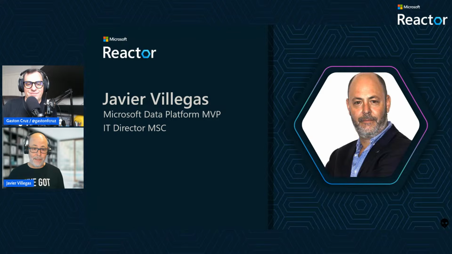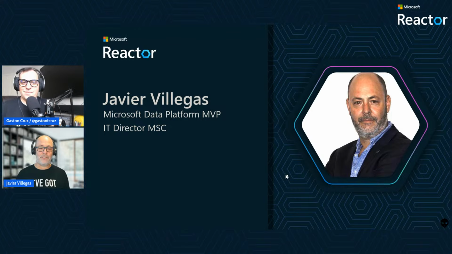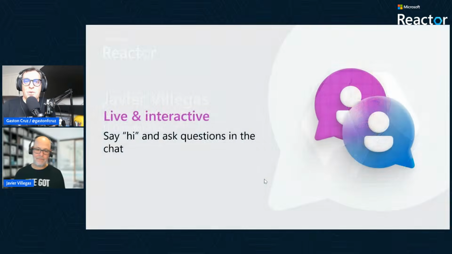Been involved with the Microsoft Data Platform for over 30 years, and now having some fun with Fabric, and for a little while with Power BI as well. So, Gaston, after the introduction, why don't we move on? Yeah, of course.